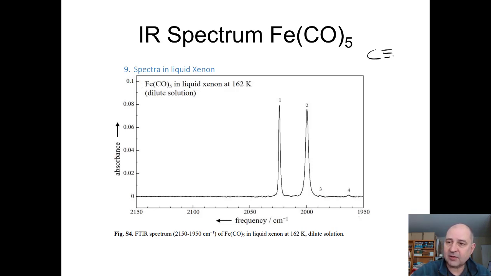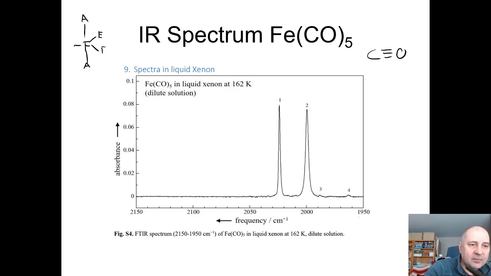So we have those 5 different carbonyl groups, and as we know, I'm just going to put in an A here for axial and E for equatorial. So those are two different chemical environments, and you'd expect them to show up in two different regions, which is what we see here, except this occurs in liquid xenon. Think about how low that would be at 162 K.